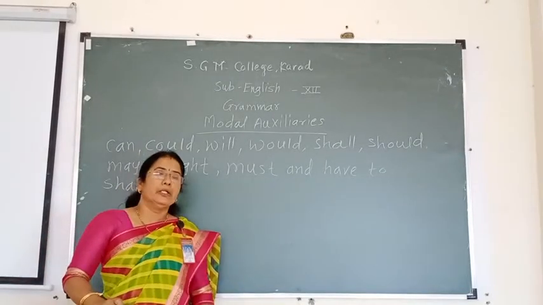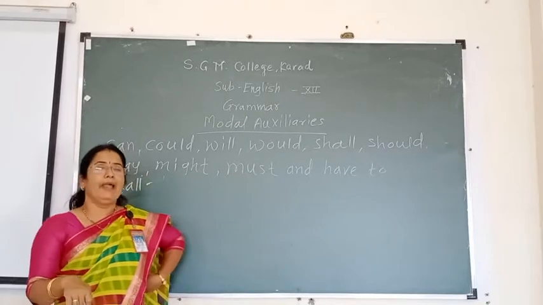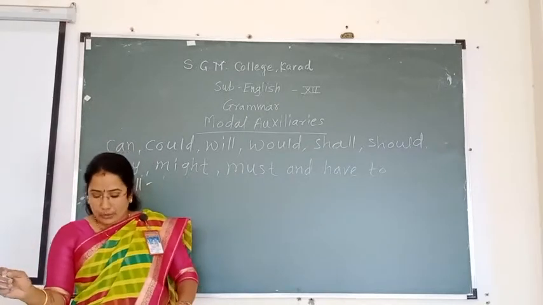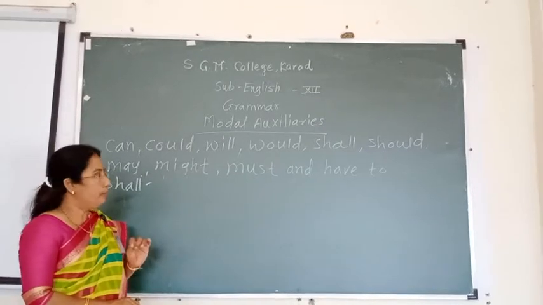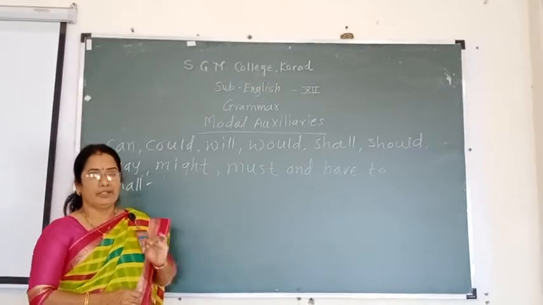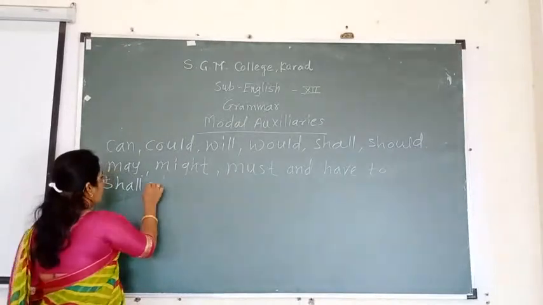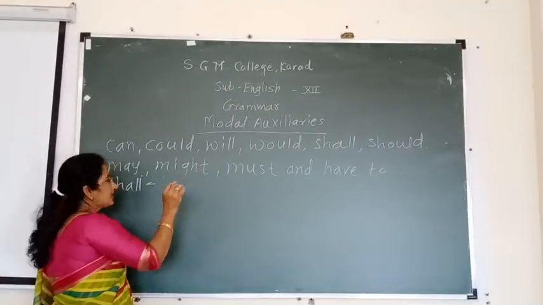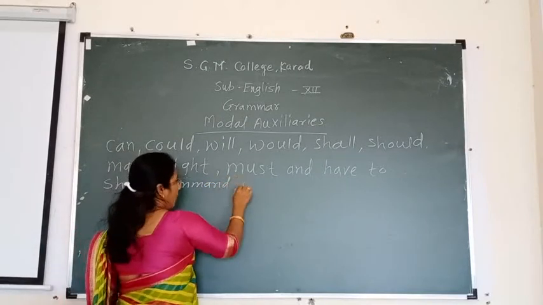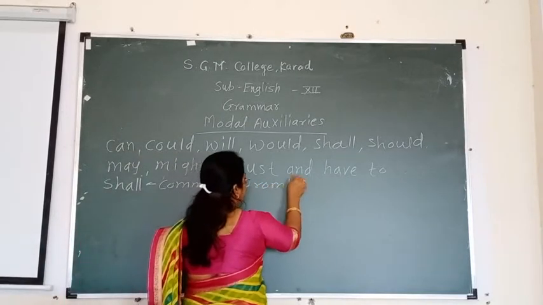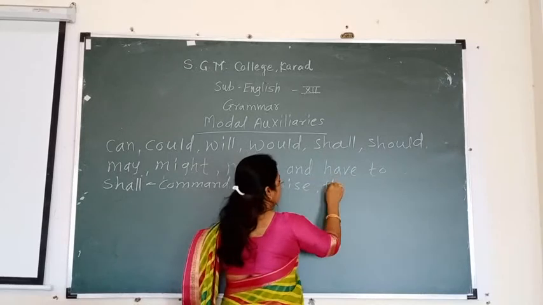Shall is used in the second and third person to express a command, a promise, and a threat. Shall also denotes or expresses command or promise or threat.